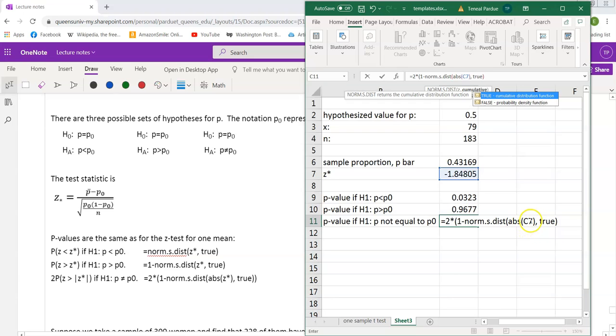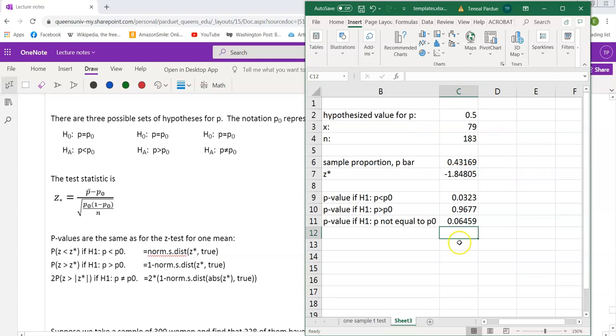So we've got this one closed. How about the normal distribution? Well, we've got that one closed. We're good on that. But now we need another one to close the 2 times quantity. All right. So we've got our 3 p-values, and we are good to go.